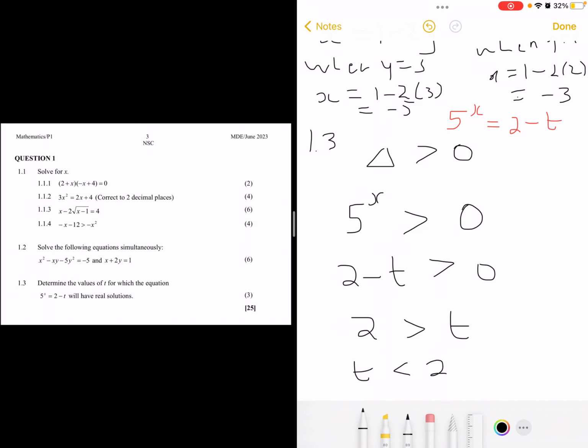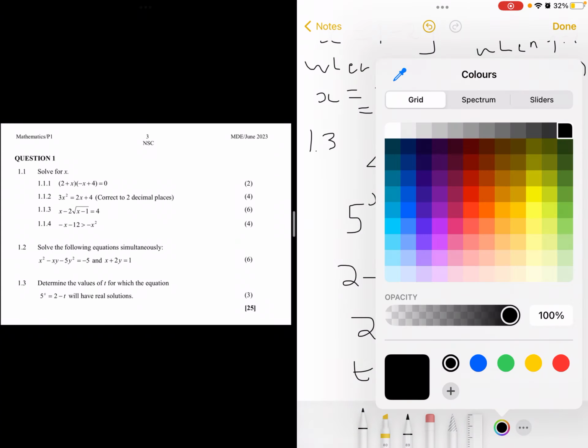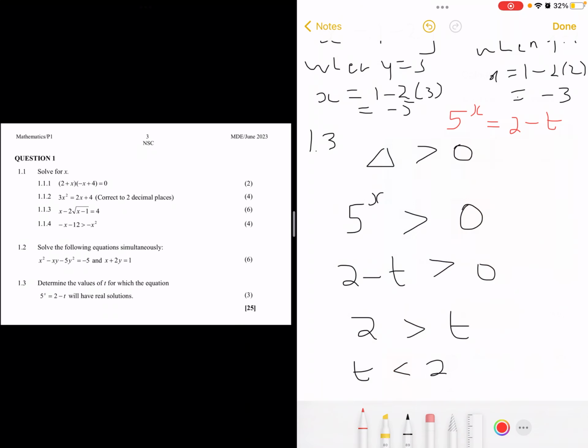Now, if you want to test that, you can test with saying 5 to the power of negative 1 is greater than 0. And that is true because 1 over 5 is greater than 0. 5 to the power of positive 1, because 1 is less than 2, will also be greater than 0, because that's 5 being greater than 0.